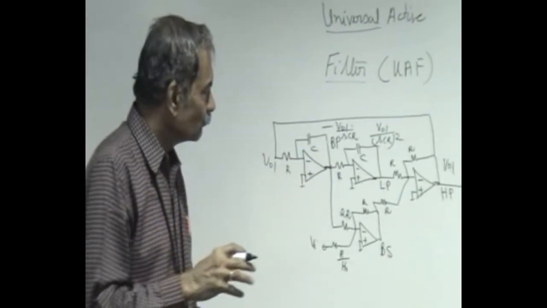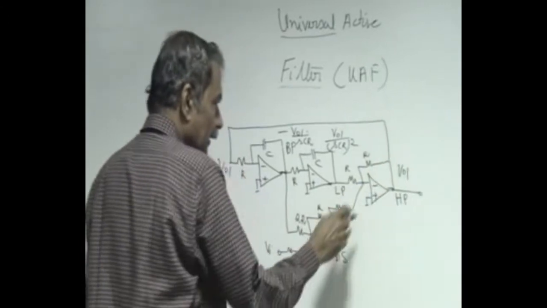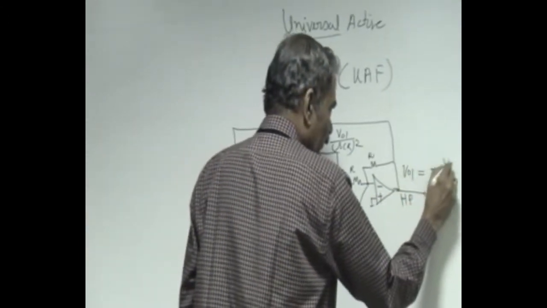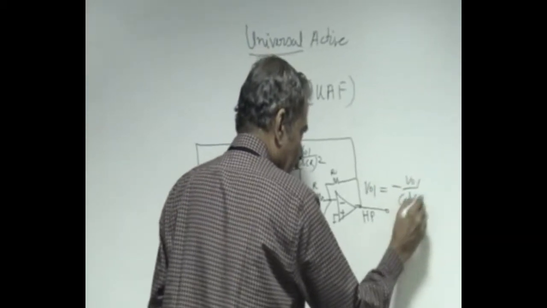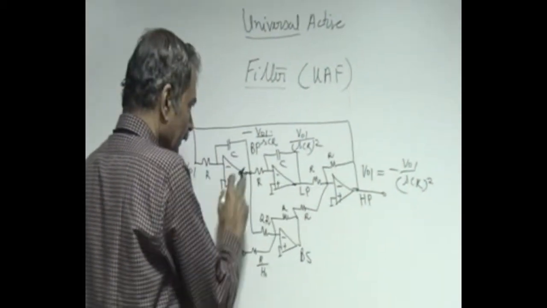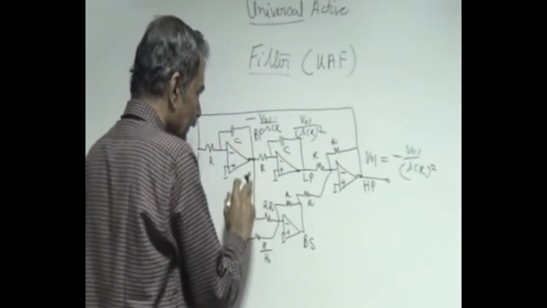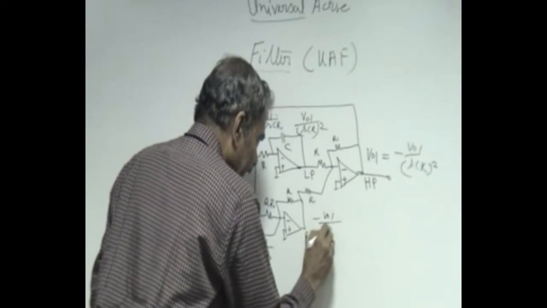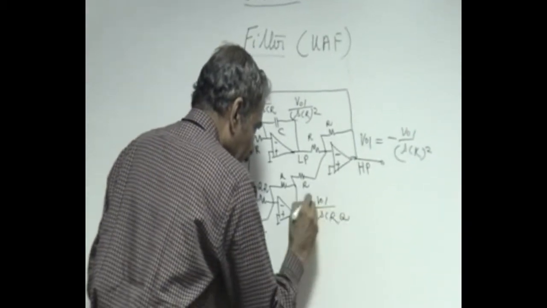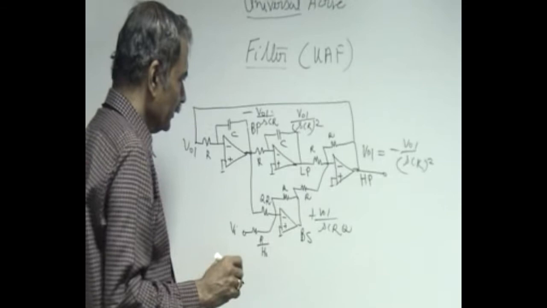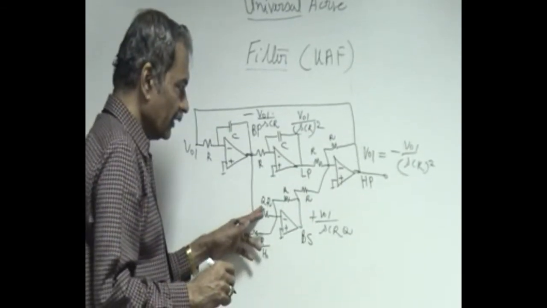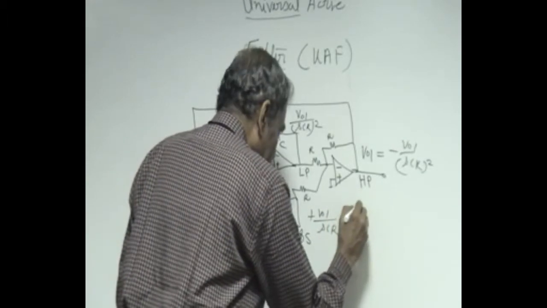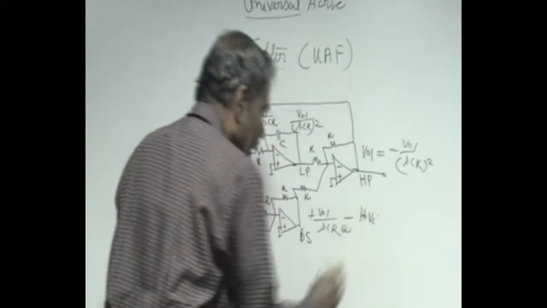That's all it does. So we are adding these to the output as minus V01 by SCR square coming from this, and this one is once integrated, so it appears as a modifying factor SCR2 with plus sign, one more inversion. This Q is the modifying factor for its coefficient, and then the input gets added as H0 into Vi here.